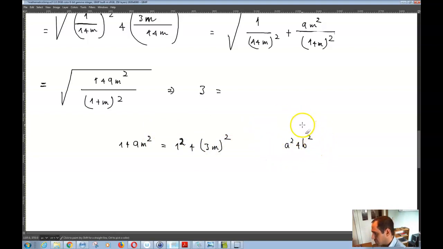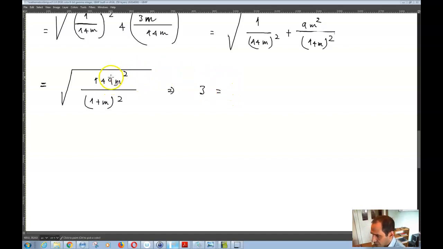Now a squared plus b squared is the same thing as, let's not do this for now, and we will take care of it if we have to. I'm not really sure if we have to do this.